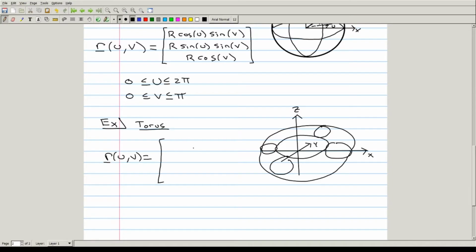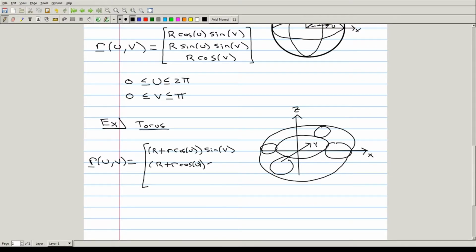So the torus can be directly described by the mapping: R plus r cosine of u, multiplied by sine of v; R plus r cosine of u, times sine of v.